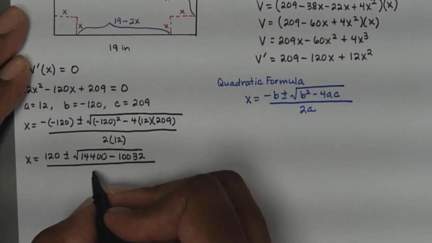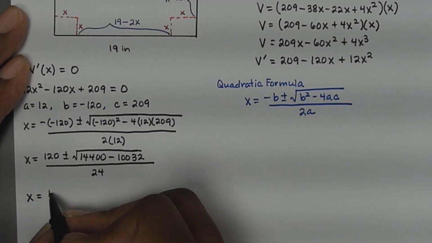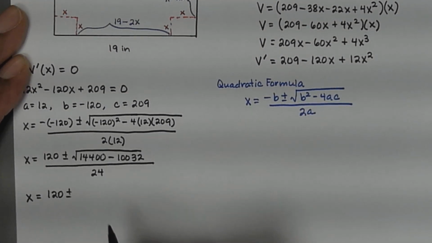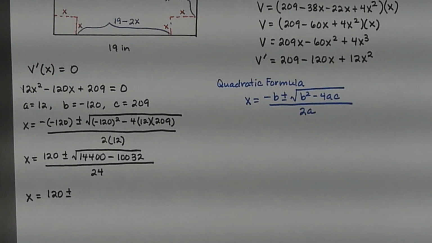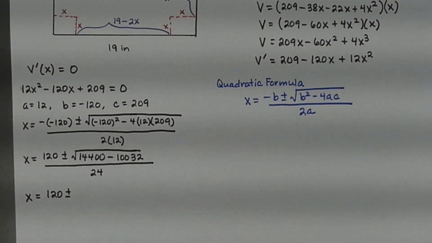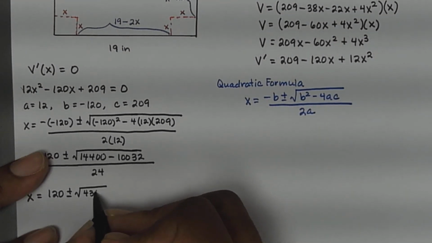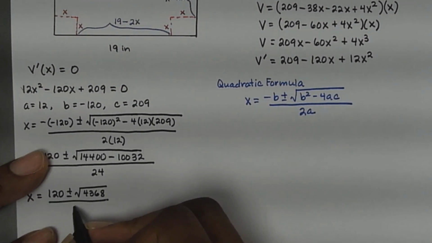All that's divided by 2 times 12, which is 24. So now I've got 120 plus or minus the square root of 14,400 minus 10,032, which is 4368, all over 24.